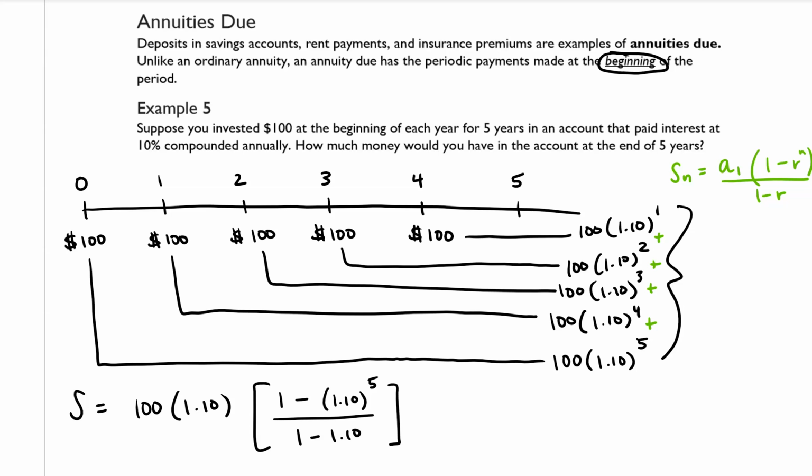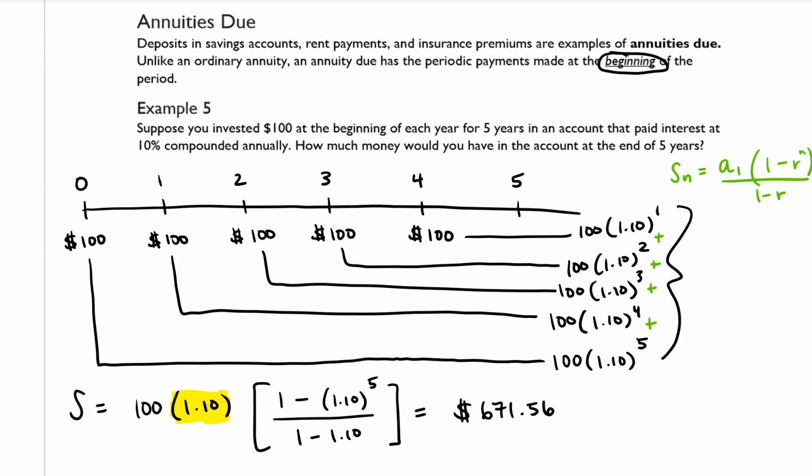So really, the only difference between this example and that first example that we saw is this thing right here. So I'm going to go ahead and throw that into my calculator.